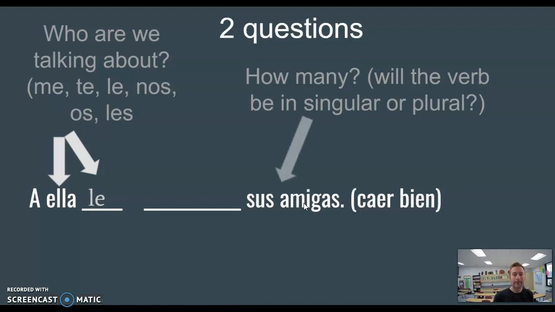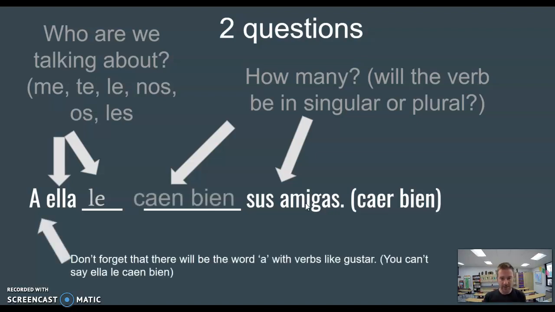That means it's plural, right? So it's going to end, in this case, in an N. Le caen bien sus amigas, okay? And again, don't forget that you can't just say ella le caen bien. That's incorrect. You can say a ella, or you can say simply le caen bien. In this case, a ella le caen bien sus amigas means she likes her friends. She gets along with her friends, okay?